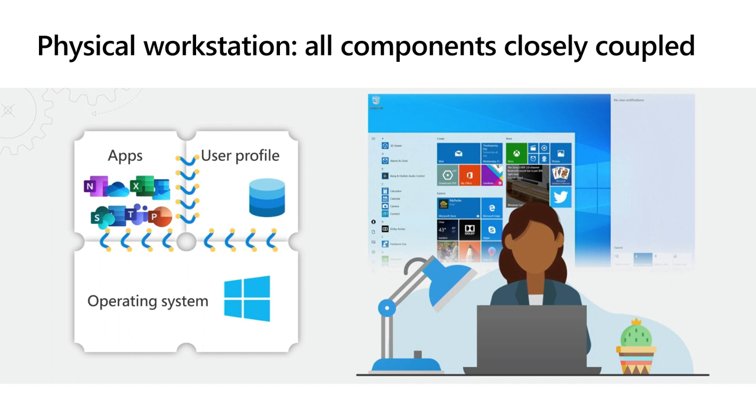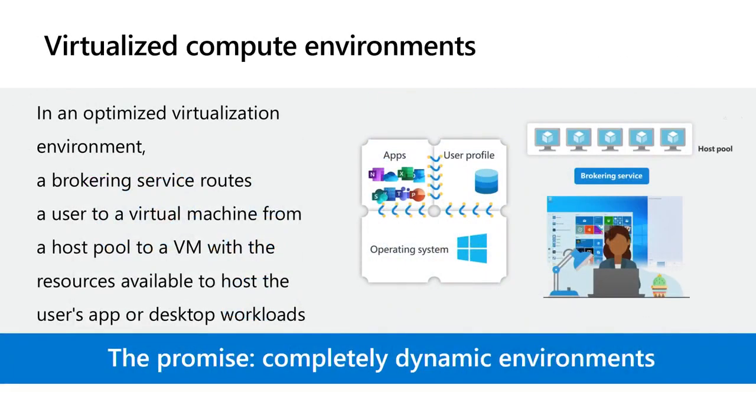Things start getting interesting when you go to a virtual environment. So typically in an optimized virtual environment, the user is routed to a VM via a brokering service. Now, in efficient deployments, you would be using pooled scenarios or multi-session scenarios, and that creates somewhat of a challenge.